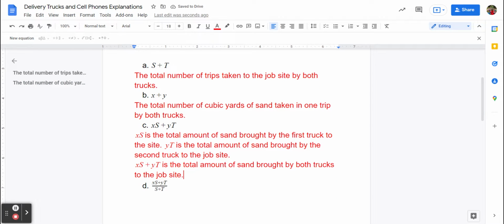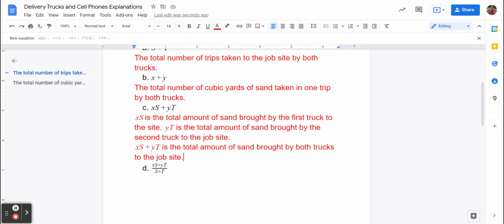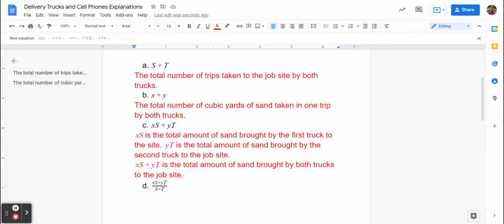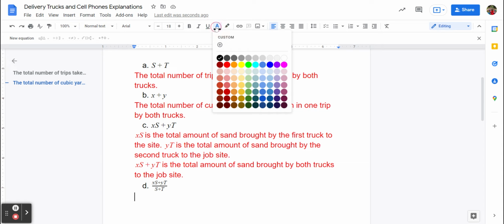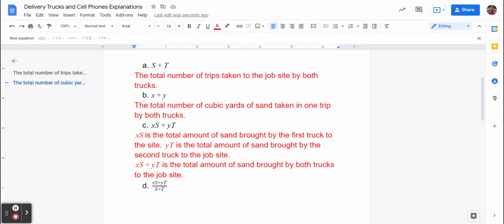All right, now when we look at the next one, we're taking that total amount of sand brought by both trucks, and we're dividing it by the total number of trips. So if you're taking the total amount of sand and dividing it by the total number of trips, what you're doing here is finding the average amount of sand brought in one trip.